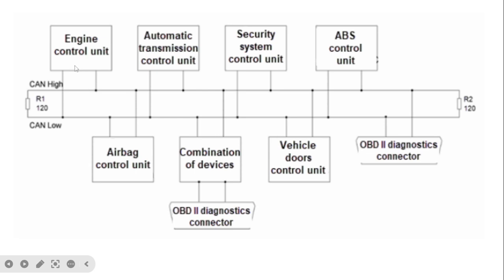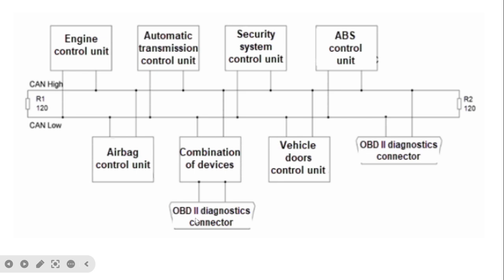Just assume a signal, like what we can take for igniting the heat coil, and temperature sensors are there, so this data is gathered from the engine control unit to this ECU, which means it is transferred from here. And the automatic transmission control unit is connected like this. All features, the airbag control unit, combination of devices, the OBD2 diagnostic connector.